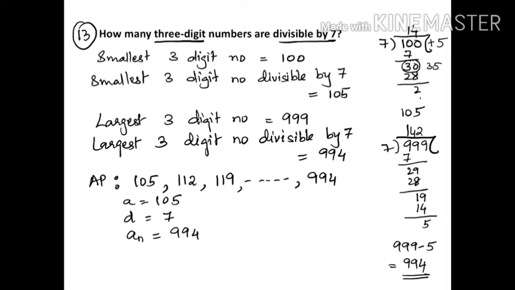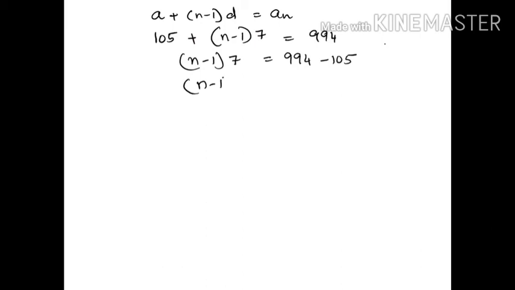Now we can find n by using the formula A plus n minus 1 times d is equal to an. Substitute values of a, d and an and solve for n. So n minus 1 times 7 is equal to 889.